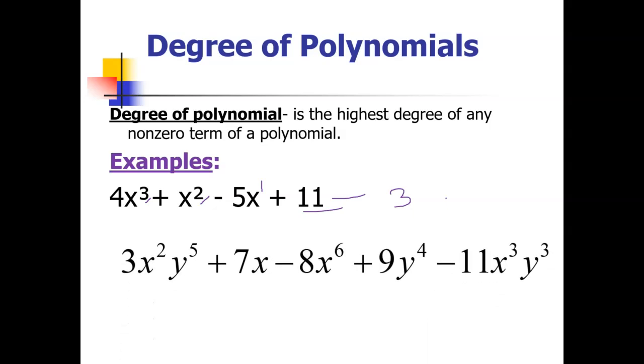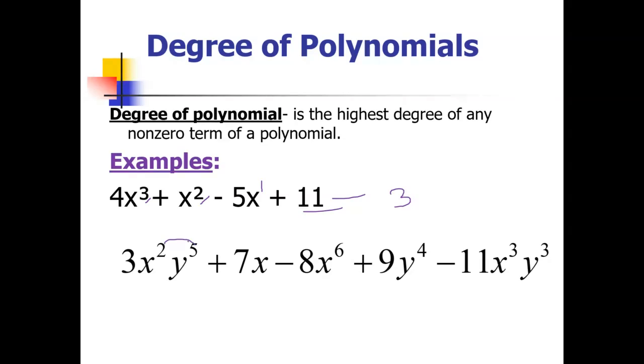Let's look at another example. 3x squared y to the 5 plus 7x minus 8x to the 6 plus 9y to the 4 minus 11x cubed y cubed. The difference between the second example and the first example is that in the second example, I have 2 variables, x and y. So I'm just going over the highest power for each term.